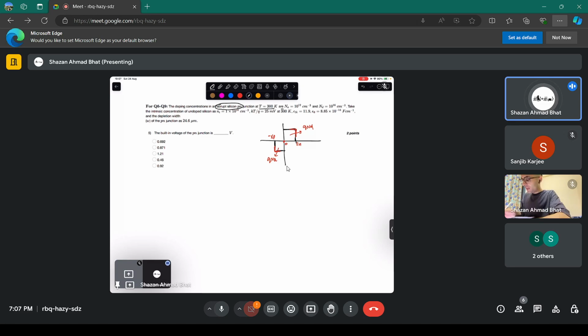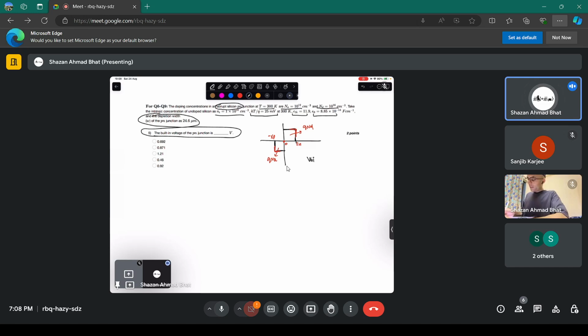Temperature is given, Na is given, Nd is given, Ni is given, the thermal equivalent of temperature is given, and the absolute and relative permittivity of silicon are given. What we need to find is the built-in voltage.